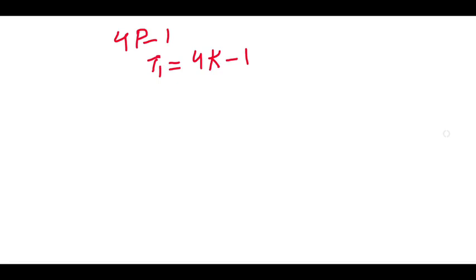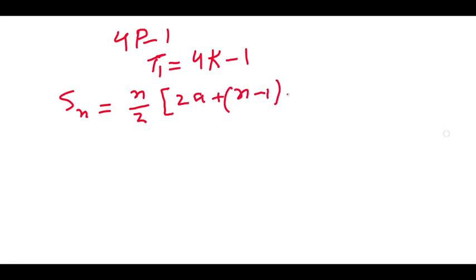Now we're going to apply the Sn formula here. Sn is equal to n over 2 bracket 2a plus (n minus 1) d.